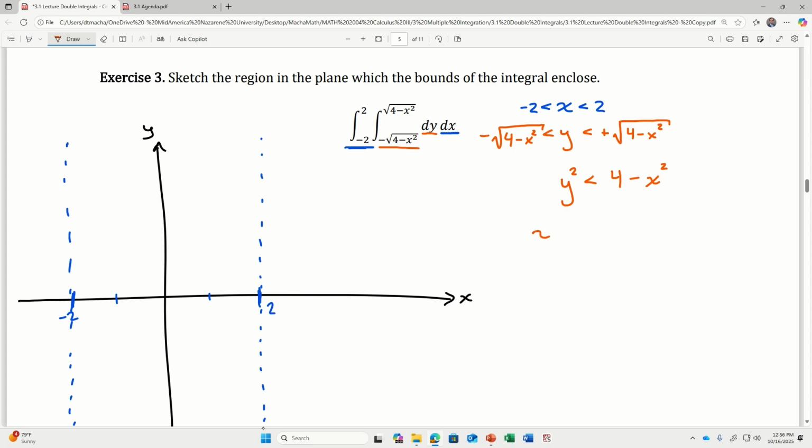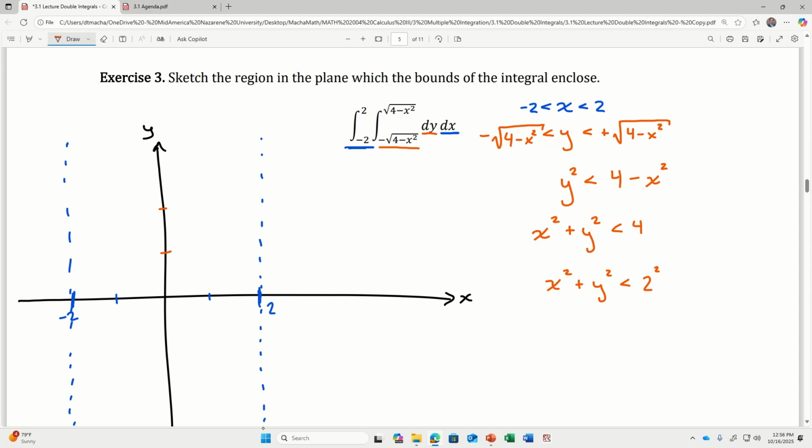What if I add x squared to both sides? I heard somebody whisper circle. This is a circle with radius what? Radius 2, centered at the origin.